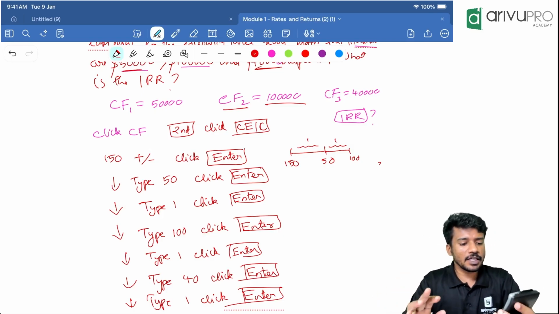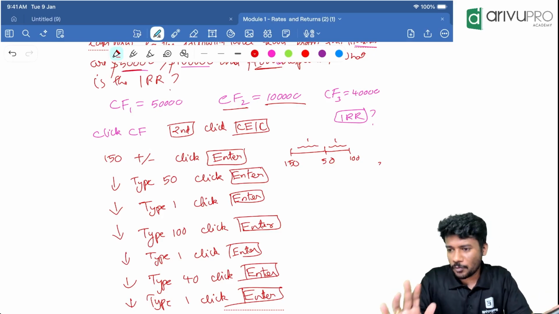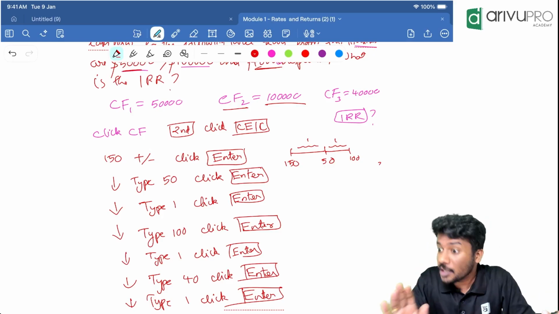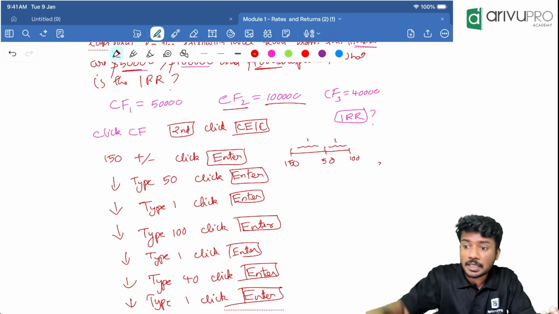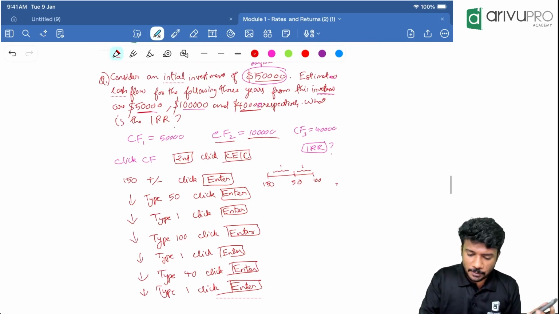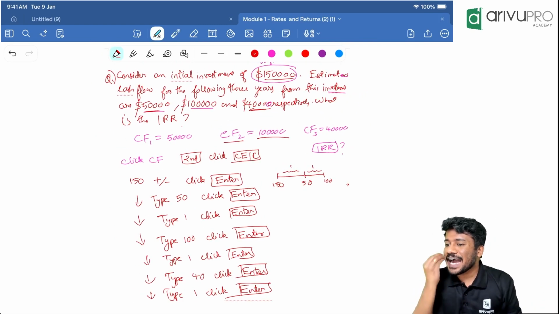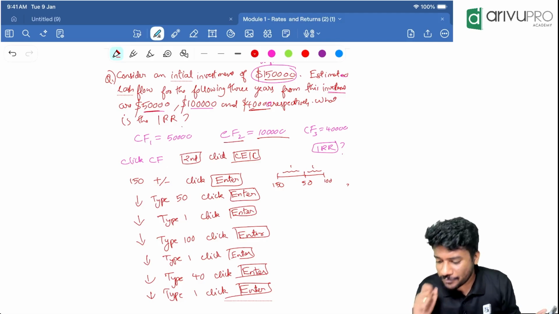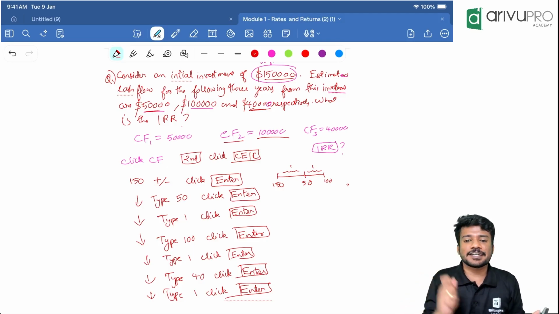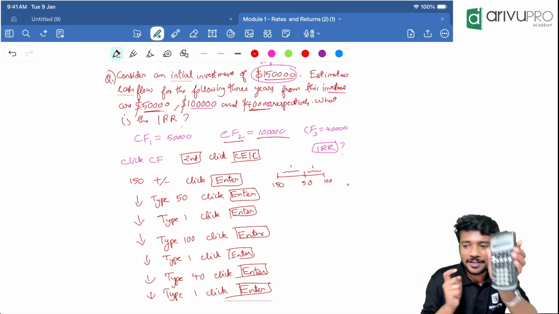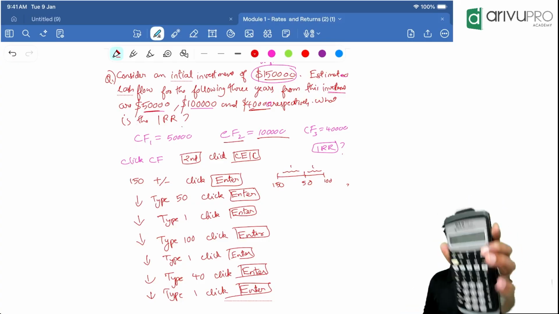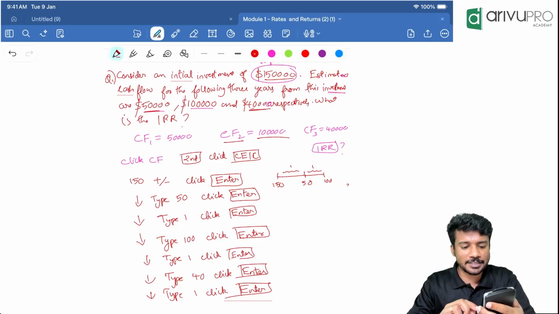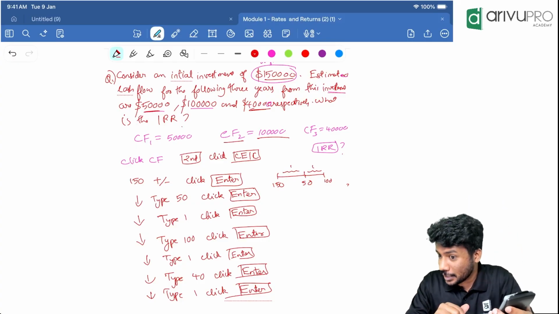Now we have entered all the values. Whatever value we require, we entered over here. Correct? Yes. Now, what is the question? They are asking us to find the internal rate of return. Have you seen something called the internal rate of return or IRR button on your calculator? Yes. Right next to NPV, there is an IRR button.